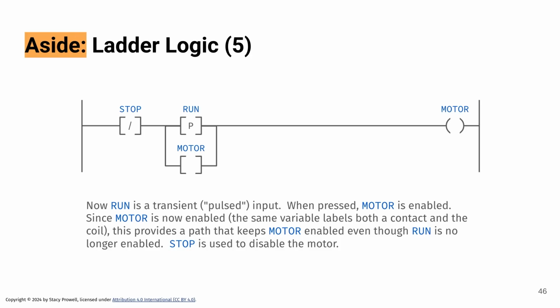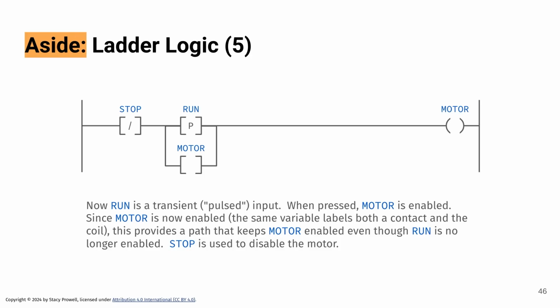And we can pull it all together here, and in fact, we can add a few other little modifiers. So here I'll put a P inside the run there, meaning it's pulsed. So it's now a transient. And you'll notice that motor actually labels both an output and an input, or both a coil, right, the little round thing over there, and one of these little switches over here.